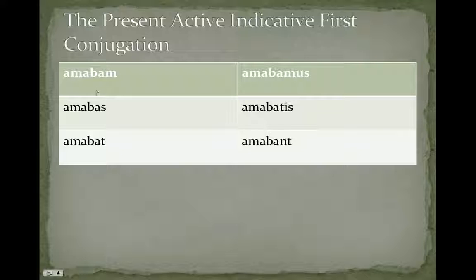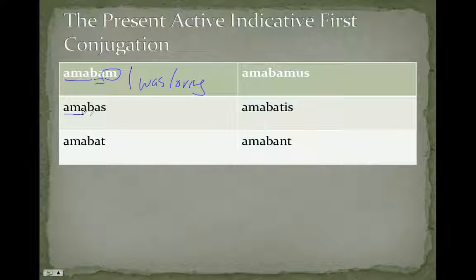So let's take a look at this. We have amabam, I used to love, I was loving. Okay, we've got our stem, our tense marker BA, and our ending M telling us who's doing it. So in some ways, if you want to translate, start at the ending. The M says I, the BA says it was, the past tense, imperfect. The ama tells you what they were doing.